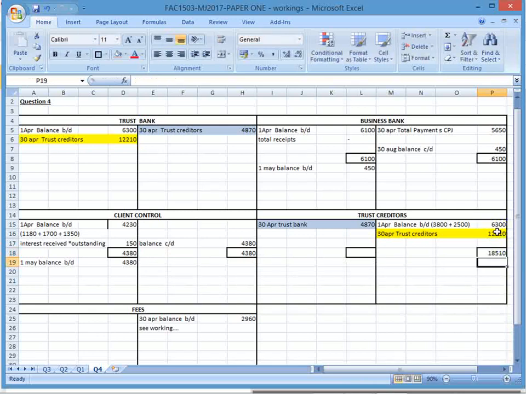Sum. That gives you that figure. So that's the trust creditors. What does that mean? That means that creditors still have funds sitting in their accounts. Do you agree? They can be used in the future.